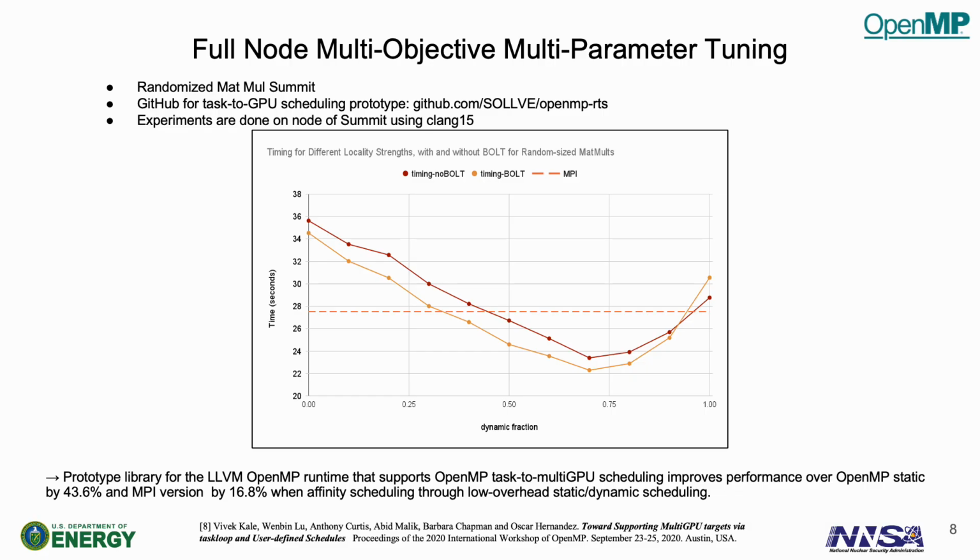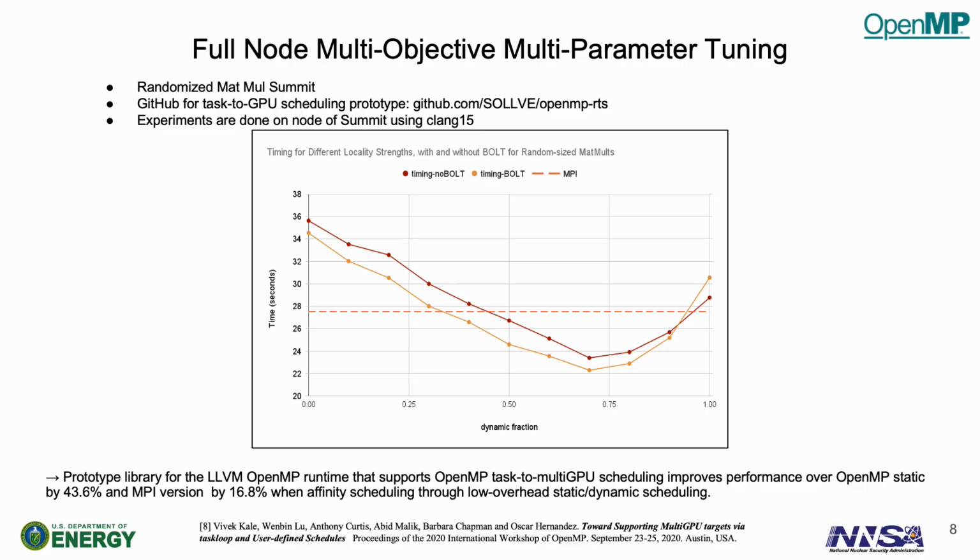And so we see that the minimum for the timing for the version without using the BOLT runtime is around 0.7. And if we do use the BOLT runtime, it goes further. So this is an additional optimization that we use in terms of the coordination runtime.